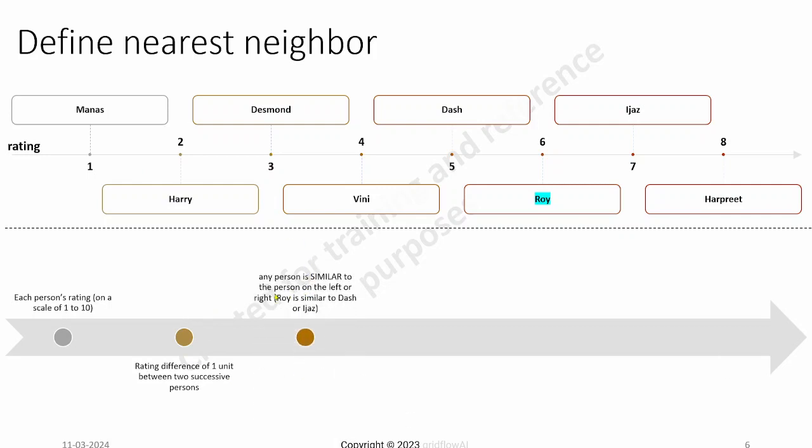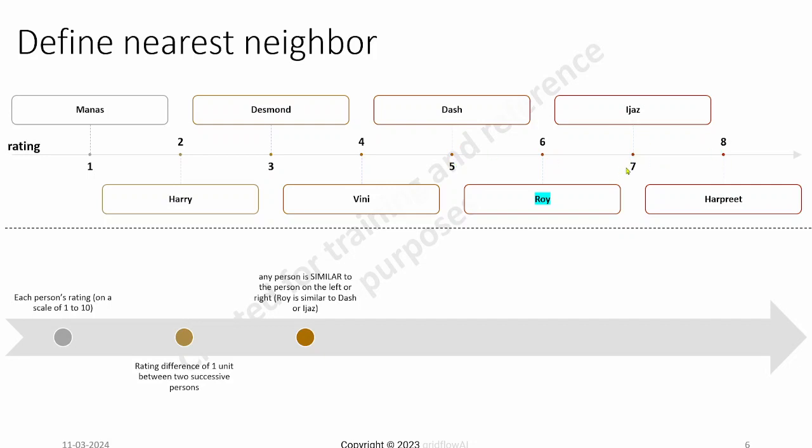Any person is equally similar to the person on the left or right because the distance is the same. For example, Roy here has a rating of 6, and the person on the left has a rating of 5, so a difference of 1.